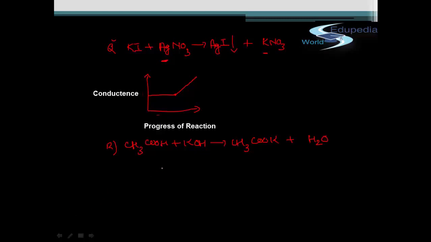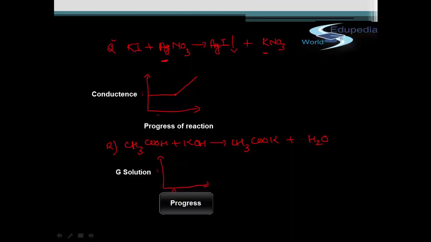Now in this case, if we plot conductance, that is G solution, versus progress, what happens is that the OH minus concentration in the solution is decreasing, and H plus and OH minus, due to the concept of proton jump, have a very large conductance in solution. As OH minus from the solution is getting consumed, the initial conductance is going to fall.